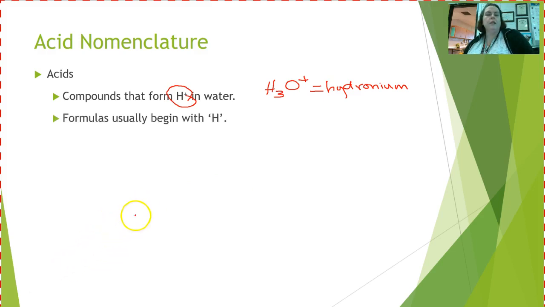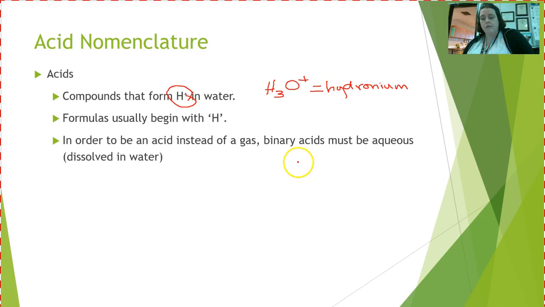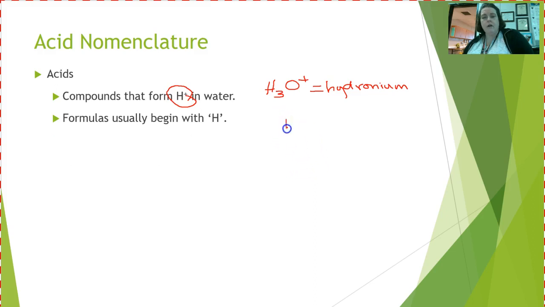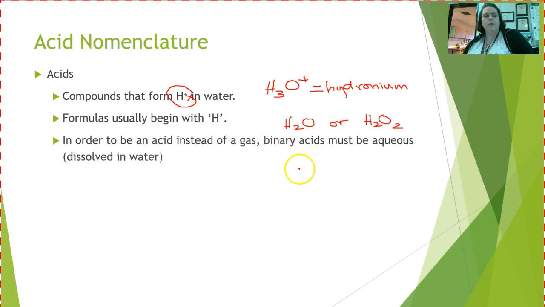So formulas usually begin with H. Anything that begins with an H, except for H2O or H2O2, is typically considered an acid. In order to be an acid, instead of a gas, binary acids must be aqueous.